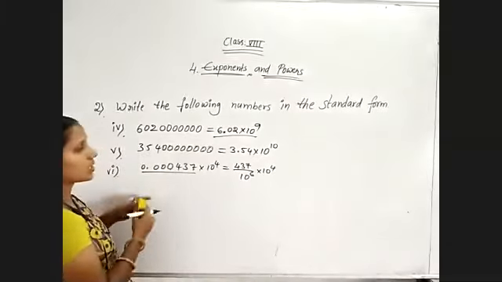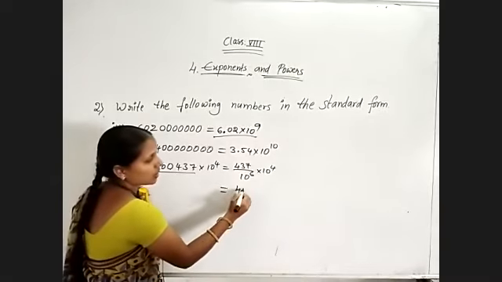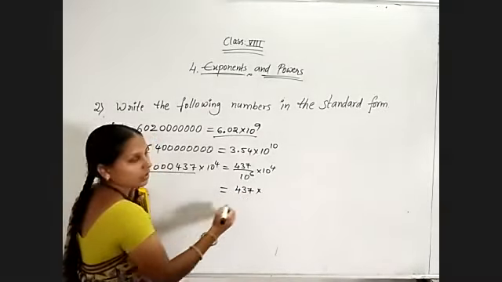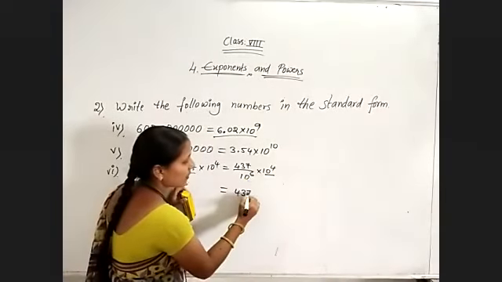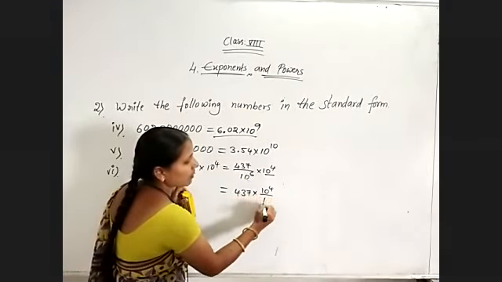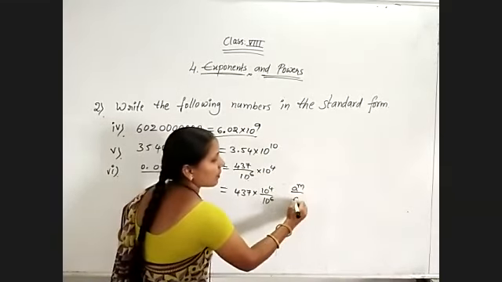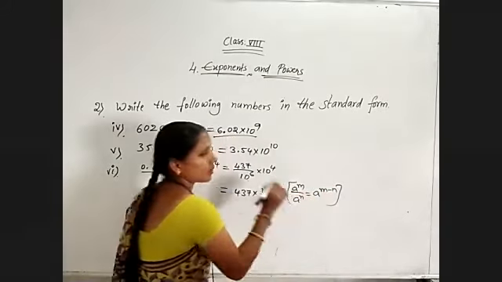So observe this. 10 power 6 I had. 437 into 10 power 4 minus 6. Both are having the same base. So first I am writing 437 into 10 power 4 by 10 power 6. It is in the form of a power m by a power n. What is its simplification? A to the power of m minus n. Yes or no?